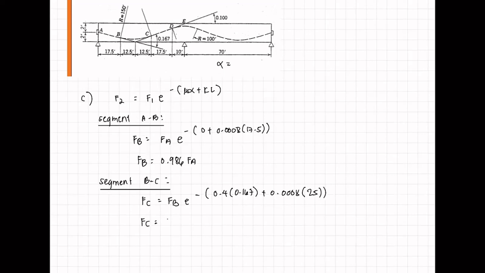FC is equals to 0.986 FA times E raised to negative 0.4, 0.167 plus 0.008 times 25. So we have a value of 0.917. So multiply dun sa 0.986, we have 0.904 FA.